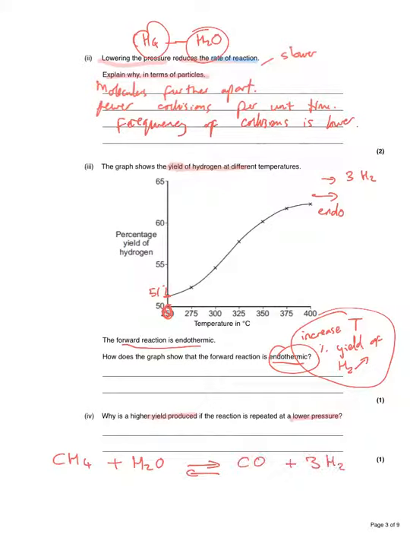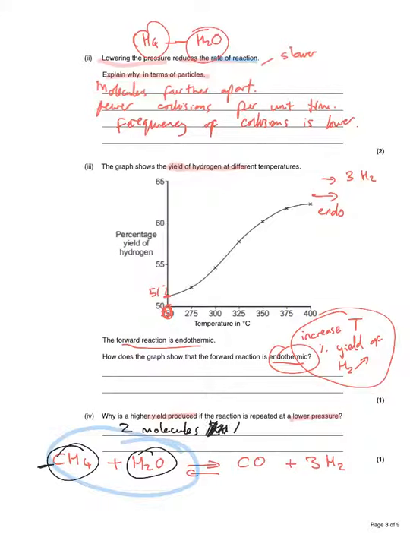Now, on the left-hand side, you've got 2 molecules: 1 methane molecule and 1 water molecule. On the right, you've got 1 carbon monoxide and 3 hydrogens. So on the right, you've got 4 molecules.